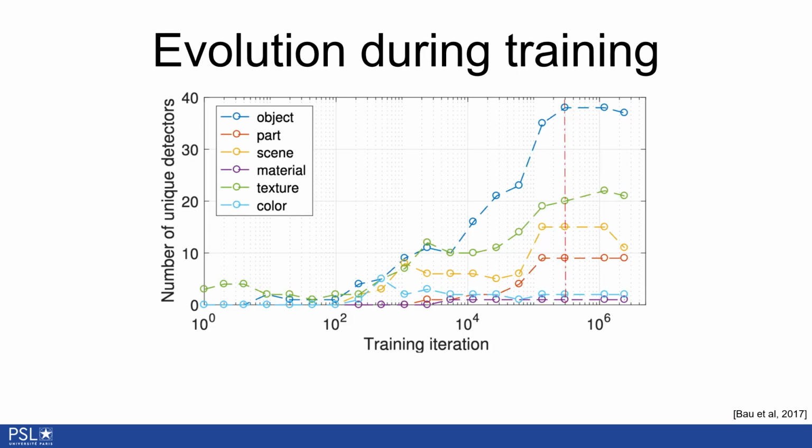The number of unique detectors obtained through network dissection can also be tracked across training for a single network. This figure shows that it increases through training, and particularly strongly for the most high-level category of objects. This confirms that units in the network learn to represent high-level features during training.